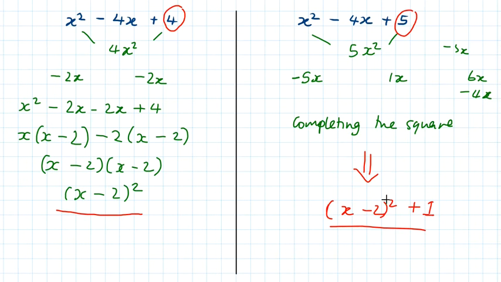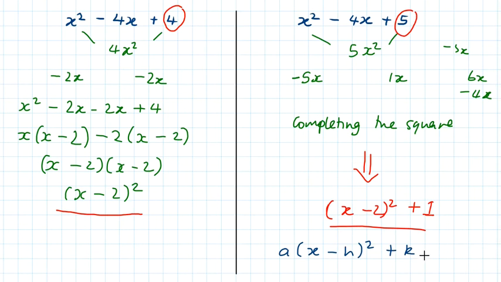So this shows us that when we are completing the square, we are likely to get an expression in the form of x minus h squared plus k.